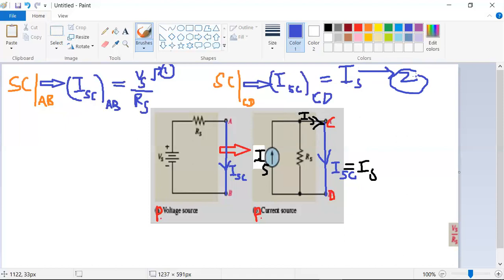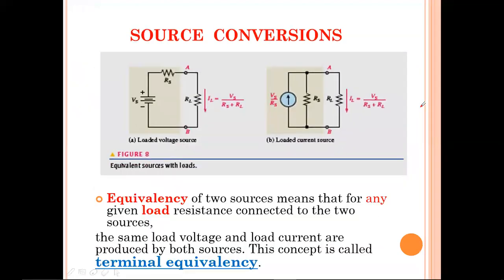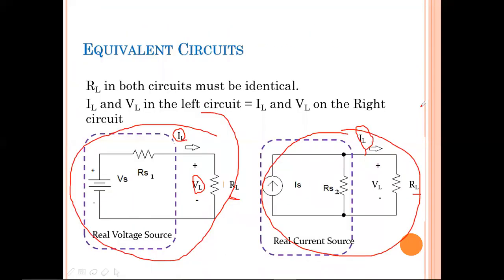So as you know, we already have a few conditions for equivalence, which I already discussed. The current flowing through the load, if this is the load point and I connect a short circuit path, the current IL will flow through this, right? Am I correct? So IL will not change.